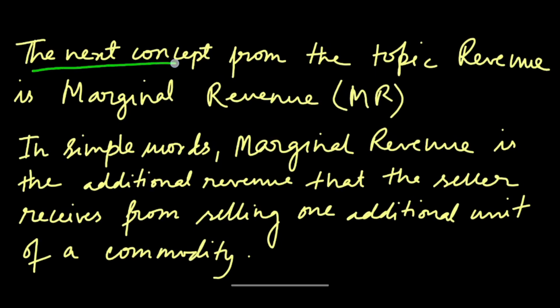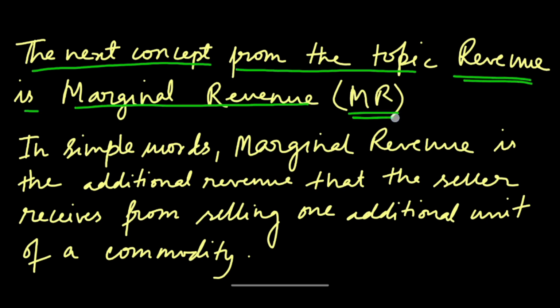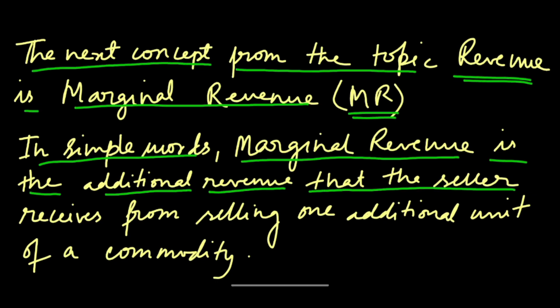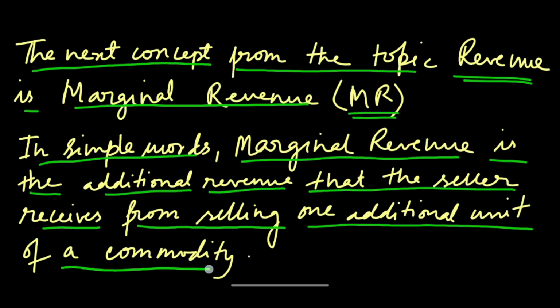The next concept from the topic revenue is marginal revenue or MR. In simple words, marginal revenue is the additional revenue that the seller receives from selling one additional unit of a commodity.